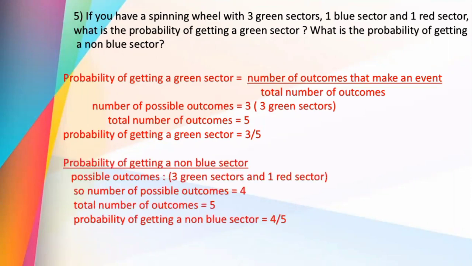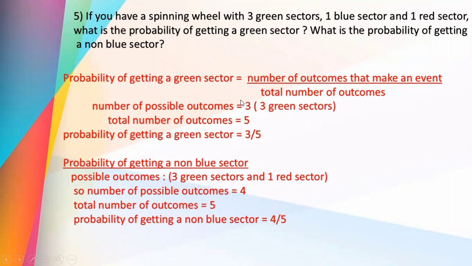Next one. Probability of getting a non-blue sector. Non-blue sector means we can't take the blue sector. The rest we can take: green sectors and the red sector. Possible outcomes 3 green sectors and 1 red sector. So number of possible outcomes 3 plus 1, 4 possible outcomes.